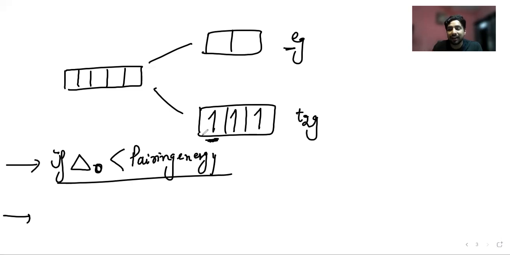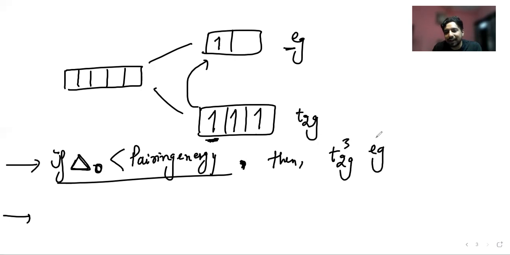For that, we have two cases. If delta O, the crystal field splitting energy, is lesser than the pairing energy, then the fourth electron will enter the Eg orbital. The configuration we get is T2g3 Eg1, and the fourth electron enters the dx square minus y square orbital.